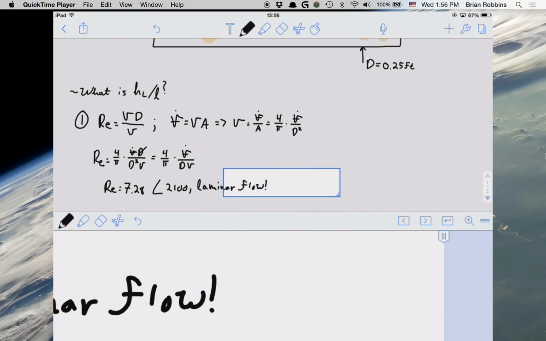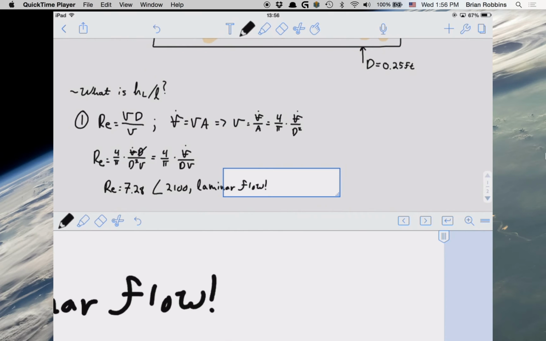So by calculating the Reynolds number as soon as possible, you can determine which equation sets to use for calculating the Darcy friction factor or entrance length for your pipe.